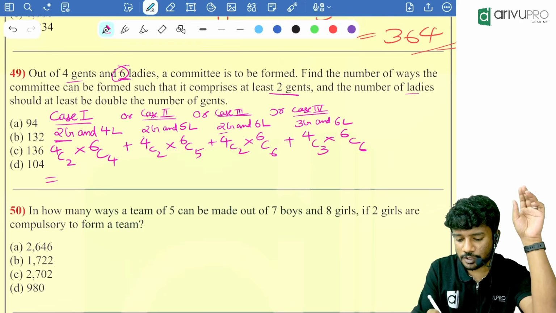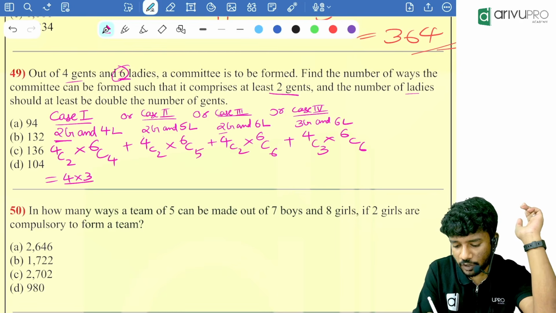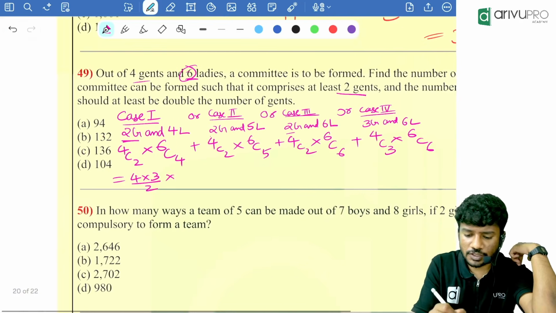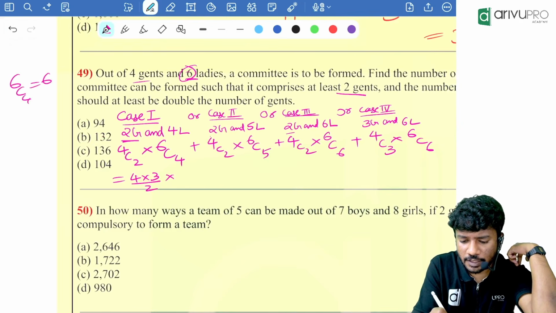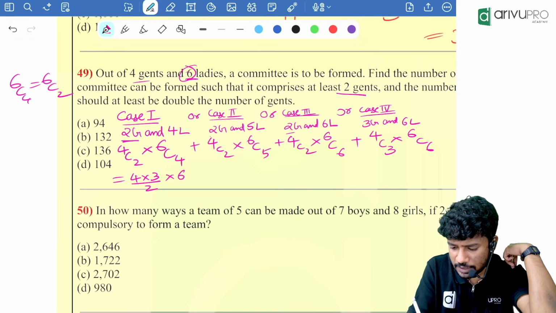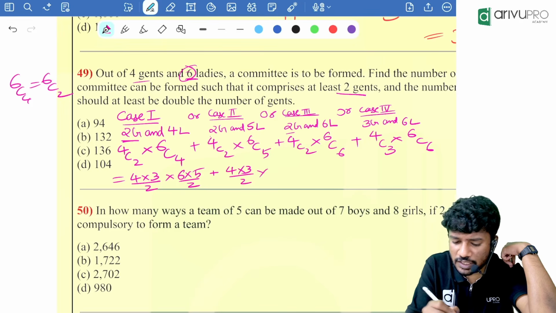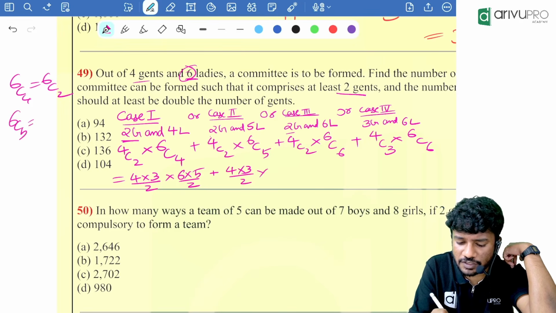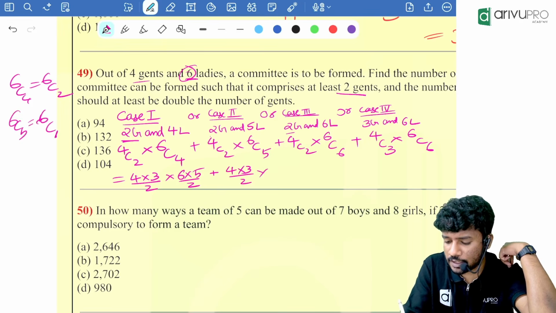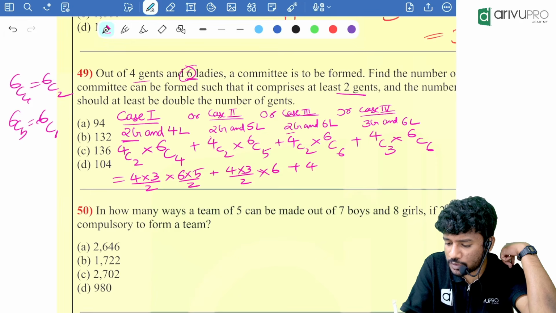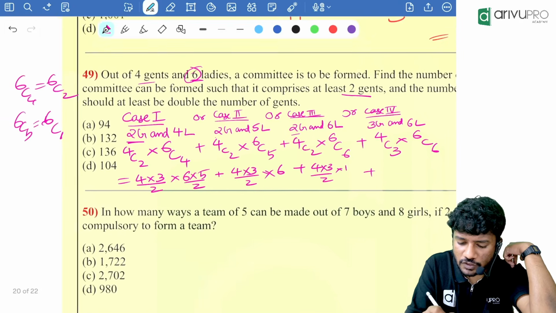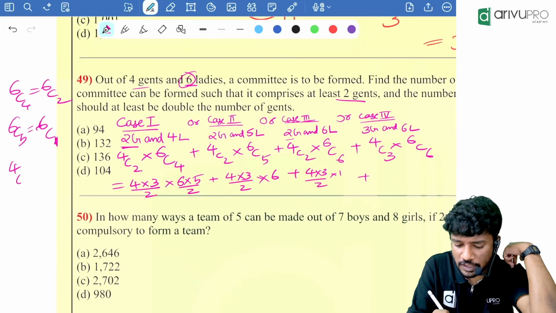Then 4C2 is how much, people? 4 into 3 divided by 2. 6C4 is nothing but 6C2, so I can write it as 6 into 5 divided by 2, plus 4C2, which is 4 into 3 divided by 2. 6C5 is nothing but 6C1, that is 6, plus 4C2, which is 4 into 3 divided by 2. 6C6 is 1, plus 4C3, which is nothing but 4C1, equal to 4.